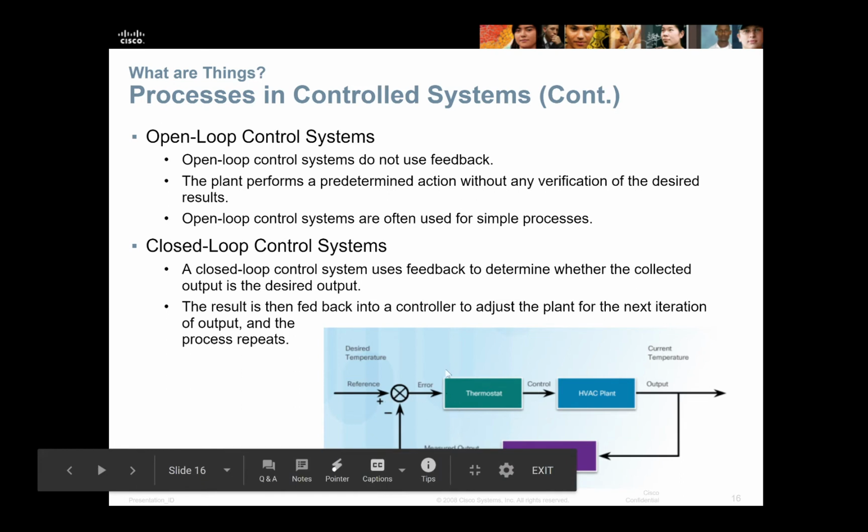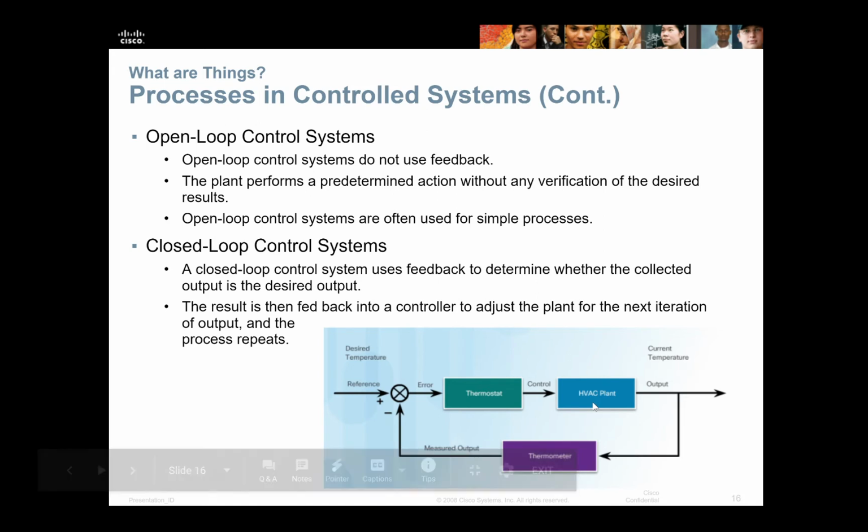That goes to the controller, the thermostat, which gives the control command to the heating and air conditioning unit, the HVAC unit, which is called the plant.